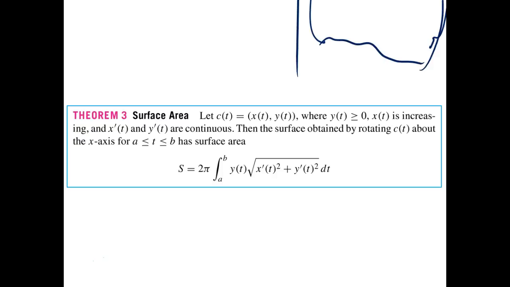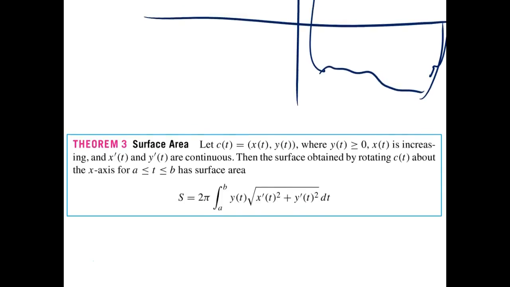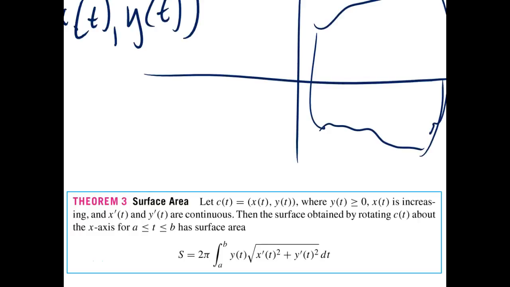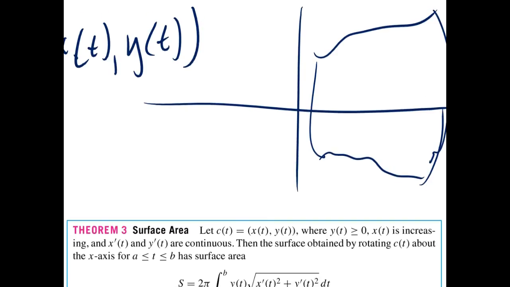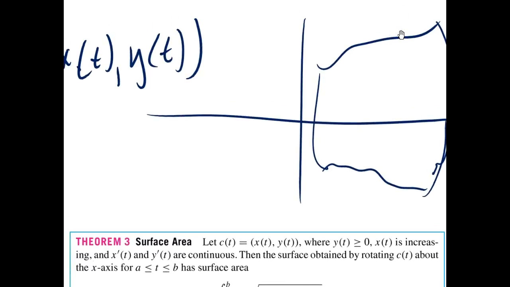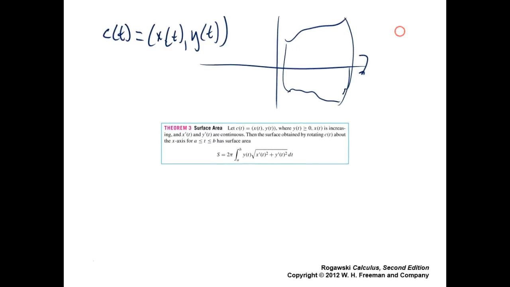2 pi. Now if you need a little reminder of where that comes from, basically what we're going to do here is this. We're going to take some little arc length here, and this is going to be our dt. That's not an arc length, that's a change of the variable.